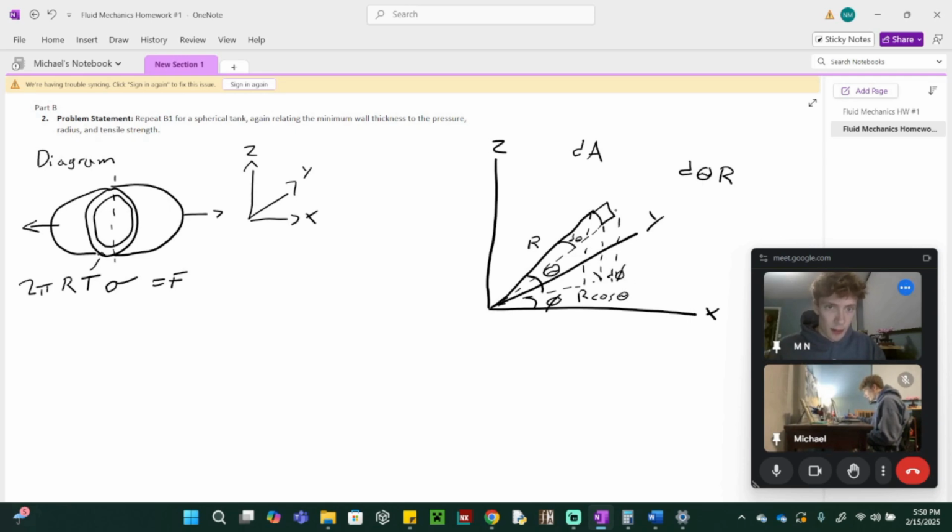So this length would be equal to r cosine theta d phi. So our dA, our differential area, would equal r squared cosine theta d theta d phi.